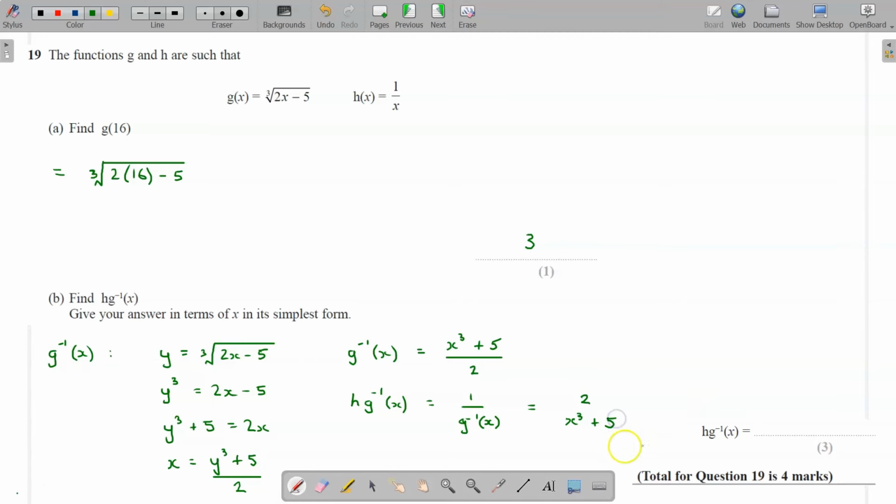And that's actually the answer to the question. So all I need to do, in fact, is just put that on the answer line. There. Okay, that's the answer.